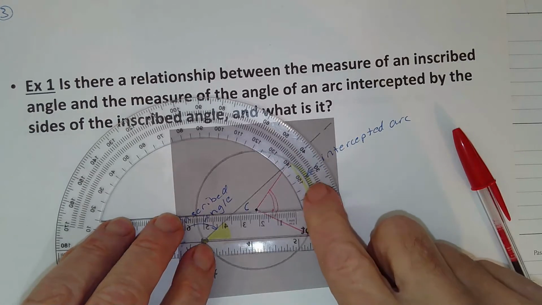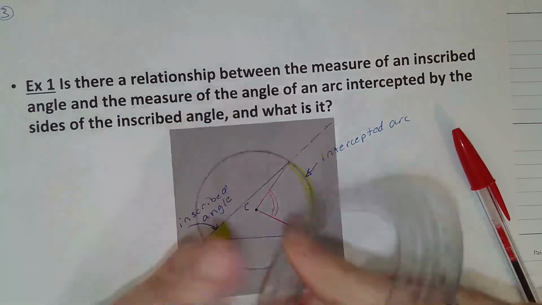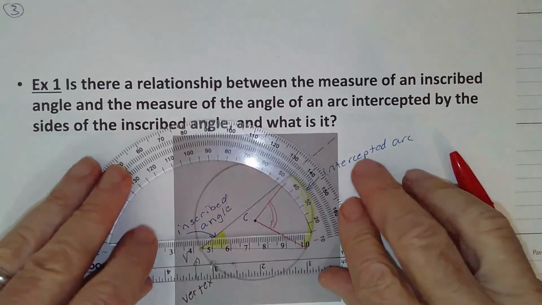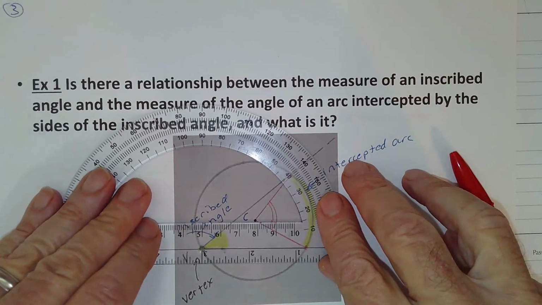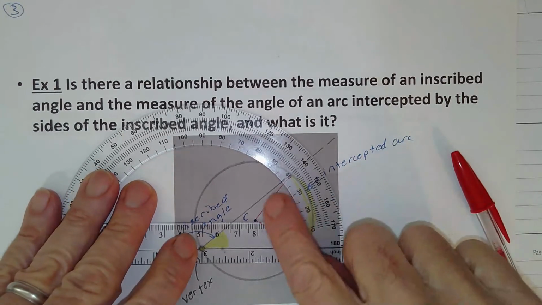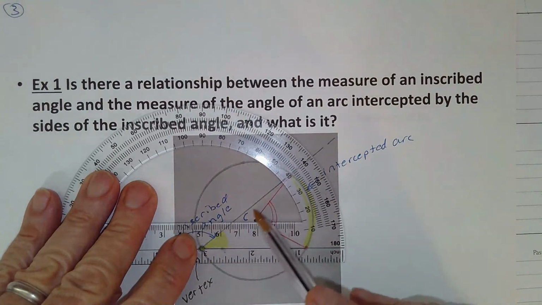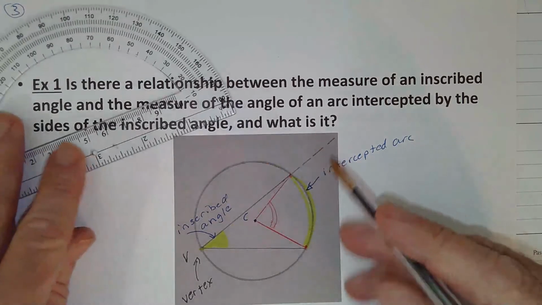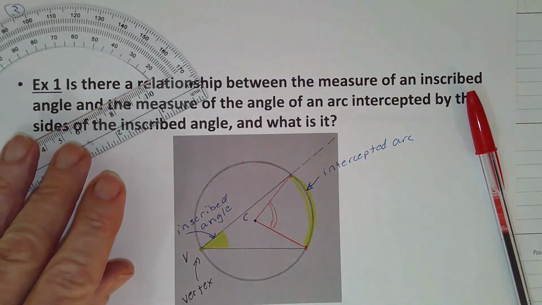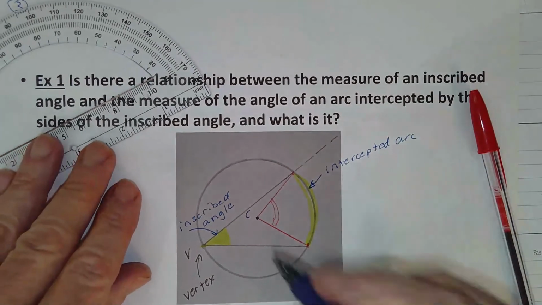And so when you do that, let's turn this over because we want to be able to see things as they should be and not backwards. So if you'll notice, this angle crosses the protractor at 40 degrees. So this is a 40-degree angle down here, in the inscribed angle.